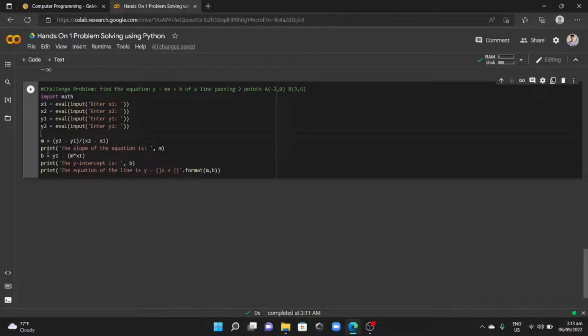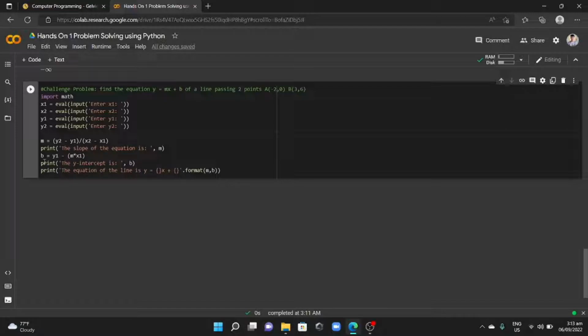For the slope, we are going to print the slope of the equation is and the formula in m. And for the b, we have b is equals to y1 minus the product of m multiplied to x1.